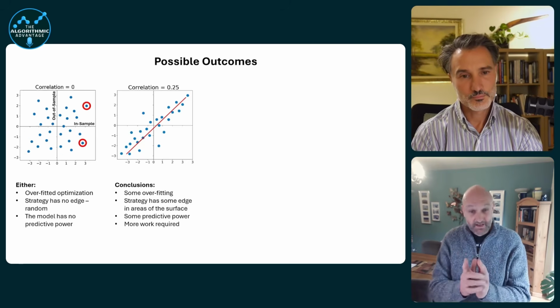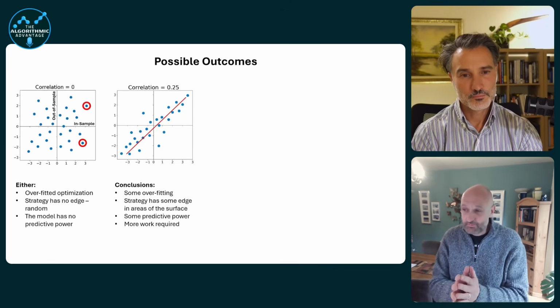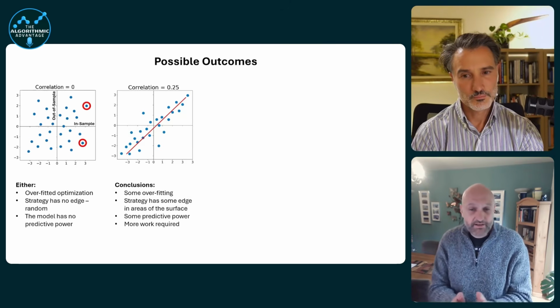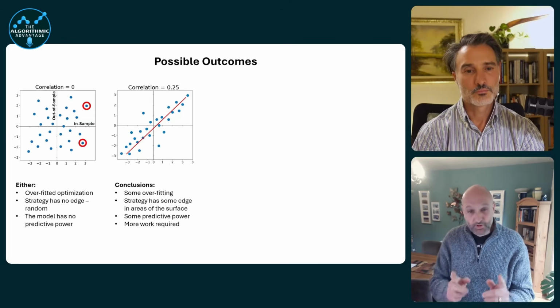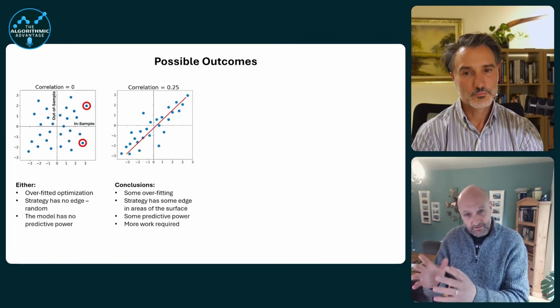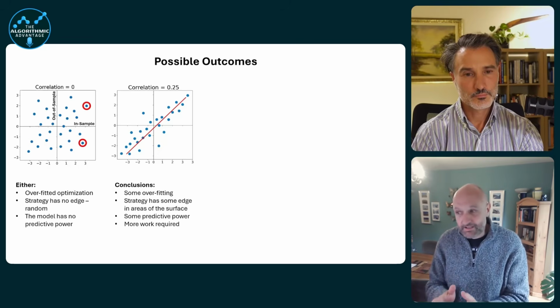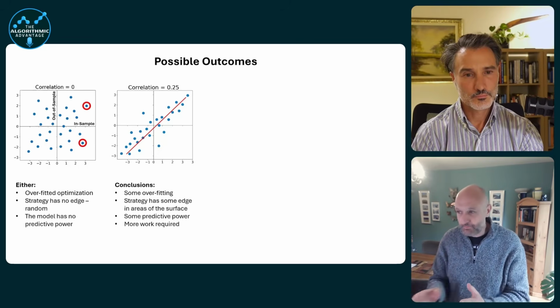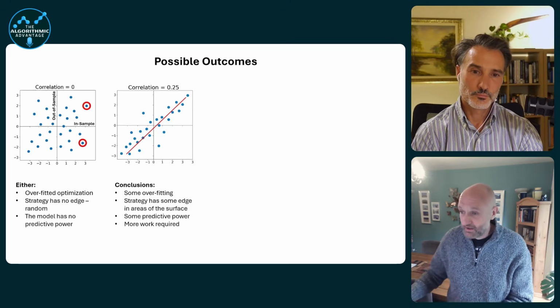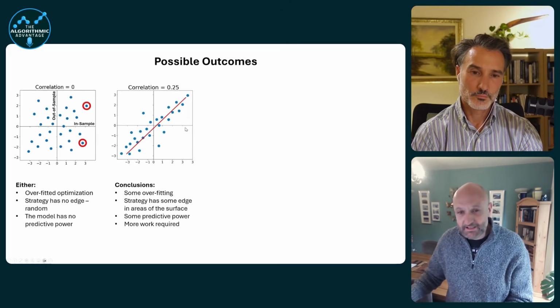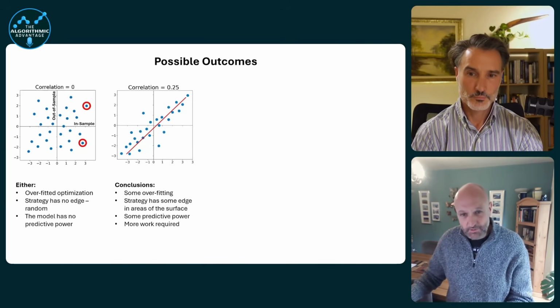But what it's telling you is that probably you have been subject to some overfitting in this model, but there are certain areas of the surface that are beginning to show genuine edge. If you select a value with a high in-sample performance, you're likely to get a positive out-of-sample performance.